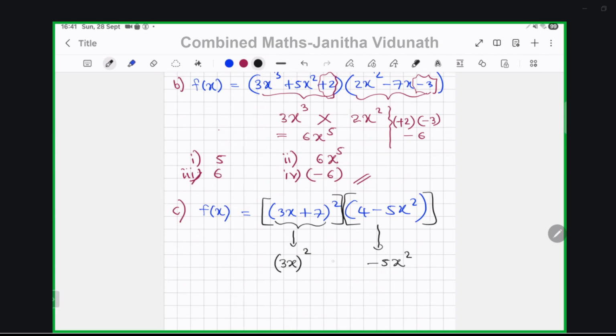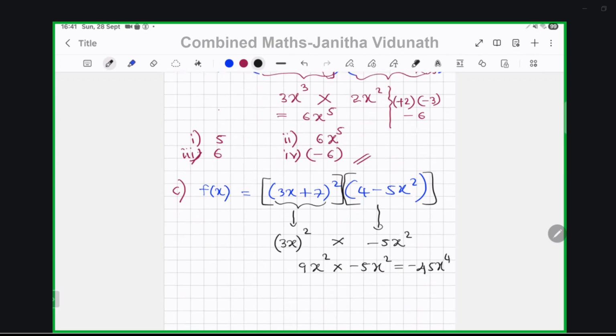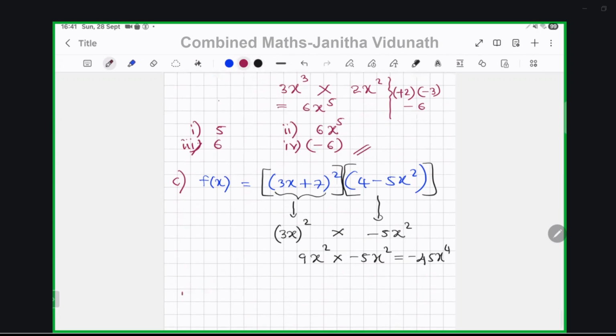Then the whole leading term is obtained by multiplying those two terms. That means 9x square times minus 5x square, that means minus 45x to the power 4. Then the degree of this polynomial is 4, the leading term is minus 45 times x to the power 4, and the leading coefficient is minus 45.